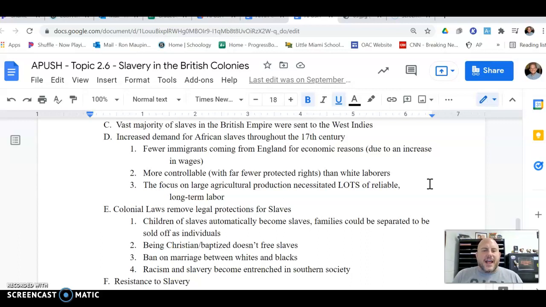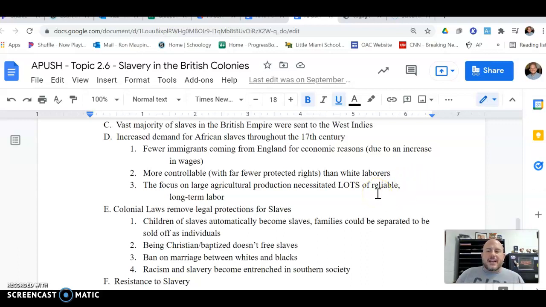And note that the agricultural production is just going to be increasing and increasing. More tobacco being grown, more rice being grown, you name it, and that has to be done by human labor. And so there's going to be more and more demand. And where that labor has come from is now pretty much only coming from West African and Black American-born slaves.